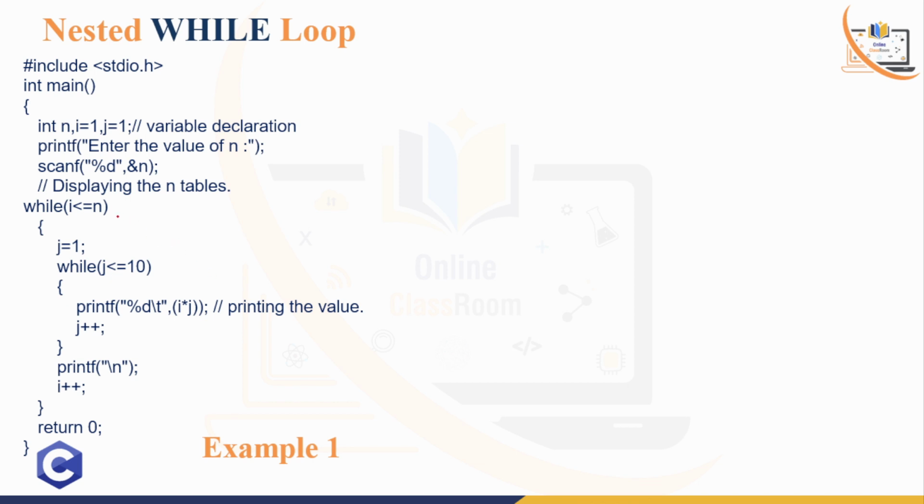In a while loop, only the condition is there, and initialization must be before the while loop, right? And the increment we have to write inside the loop. So for i, this is the condition, the increment is here, and for j, this is the initialization first, and after that this is the increment of j, right?